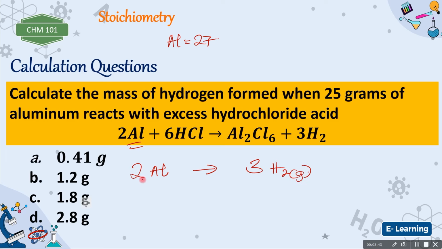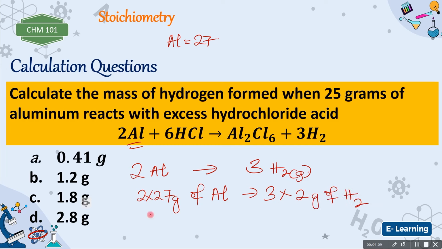So let's calculate the masses. 2 times the mass of aluminium, which is 27, so we have 2 times 27 grams of aluminium and 3 times hydrogen, which is 1 times 2 is 2, so 3 times 2 grams of hydrogen.